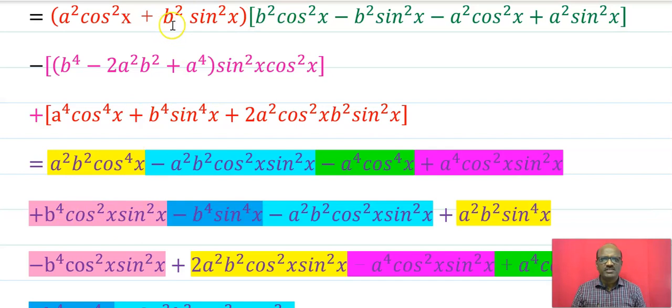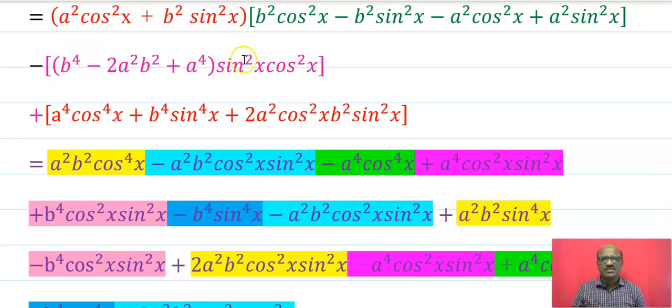Next multiplication is b square sin square x into minus b square sin square x. That will be b raised to 4 sin x raised to 4. And next is b square sin square x into a square cos square x. That will become minus a square b square cos square x into sin square x. And lastly, a square b square sin of x raised to 4, in this way.